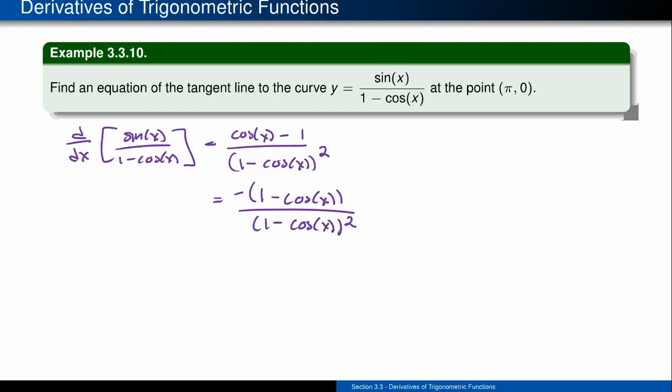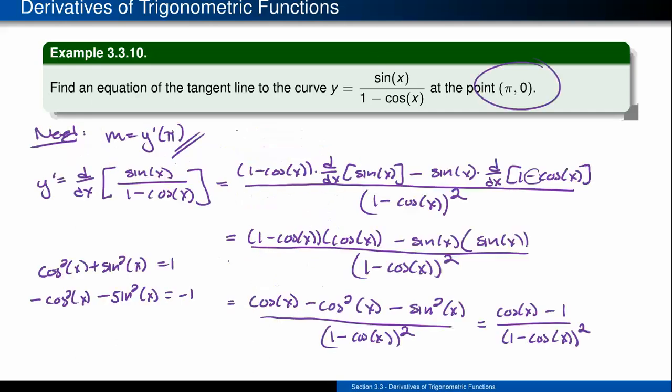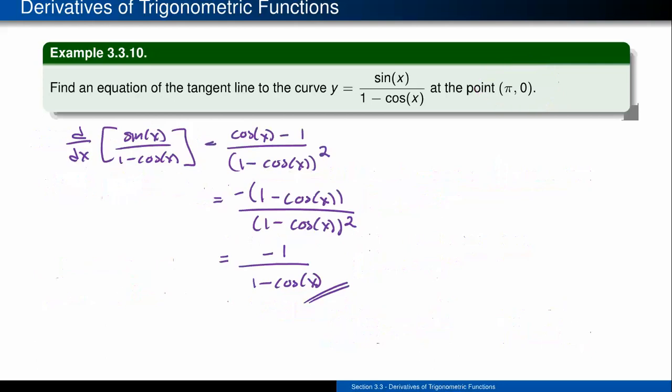The important thing to see here is that this expression, 1 minus cosine, appears on the top and on the bottom, which gives me that this thing simplifies to a negative 1 all over 1 minus cosine of x, which is a really nice compact derivative in this case. It's very nice to see that this giant fraction, which we know explodes using the quotient rule, does in fact collect to something that's not nearly as gross. In this case, it's simply negative 1 divided by 1 minus cosine of x.